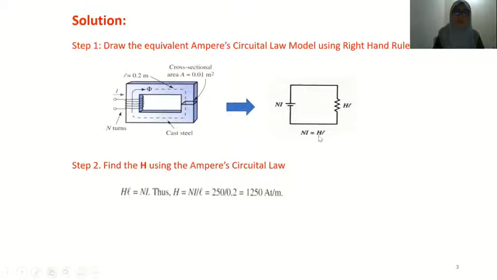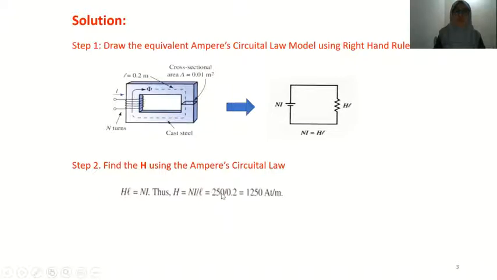The Ampere's circuit law equation gives you Ni equals HL. You find the H using the Ampere circuit law. So HL is equal to Ni, so H is equal to Ni divided by L.